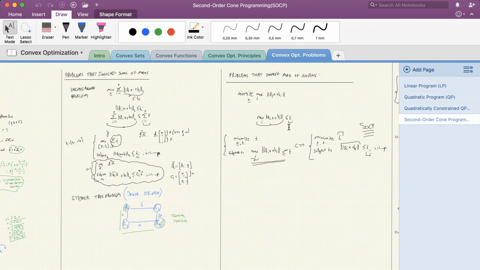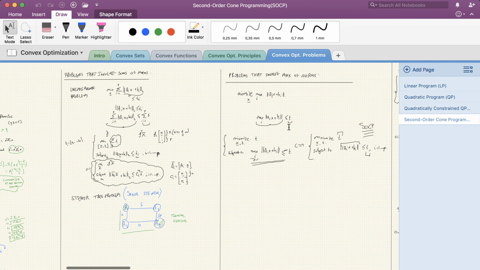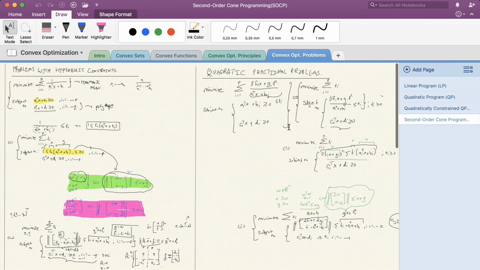We've also seen problems that involve max of norms, so that also could be cast as an SOCP. And finally, we've talked about problems with hyperbolic constraints, which was a particular instance of quadratic fractional problems. You just set your fi to 0 and gi to 1, and you're back to this linear or harmonic affine mean of x. So yeah, those two problems happen to also be SOCPs.